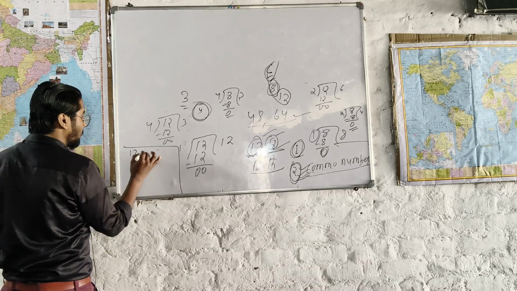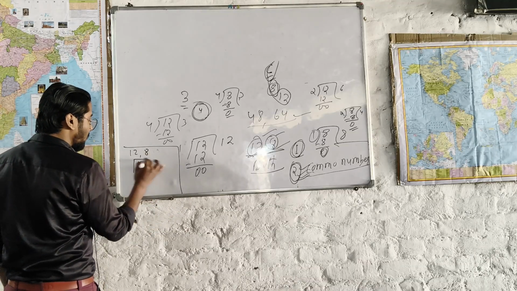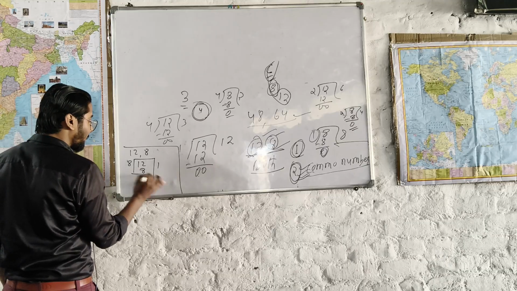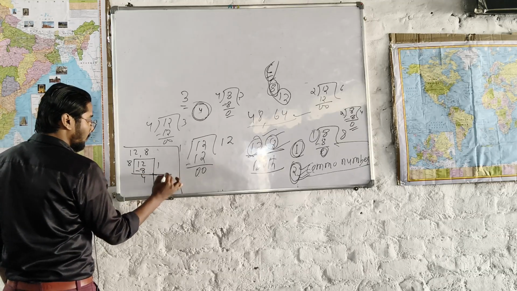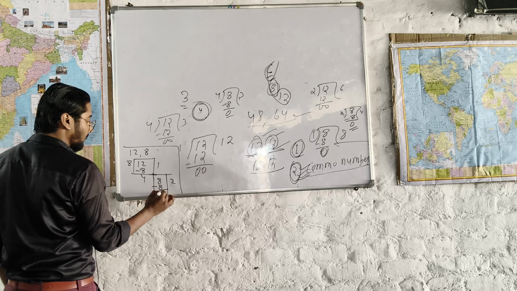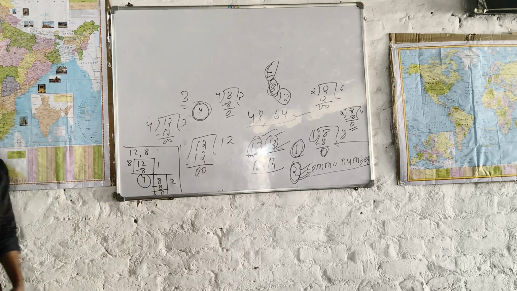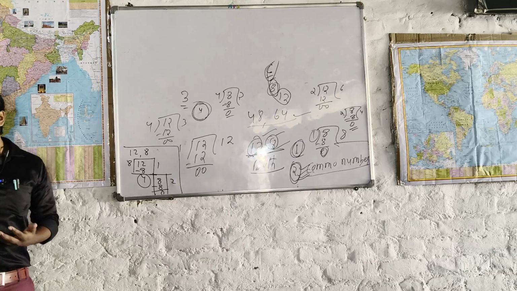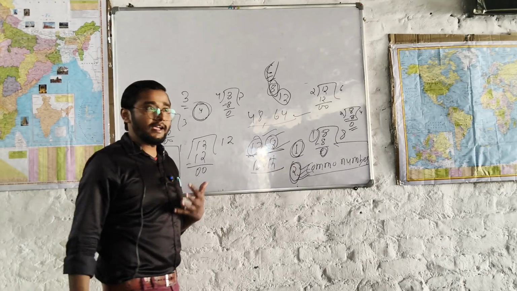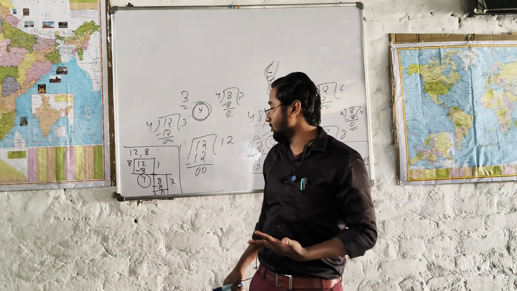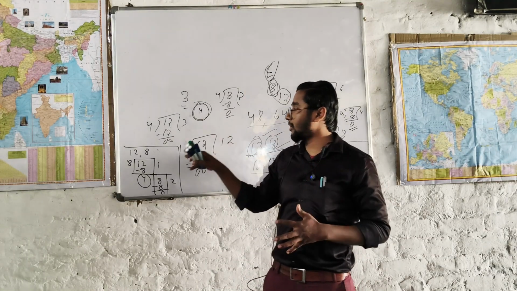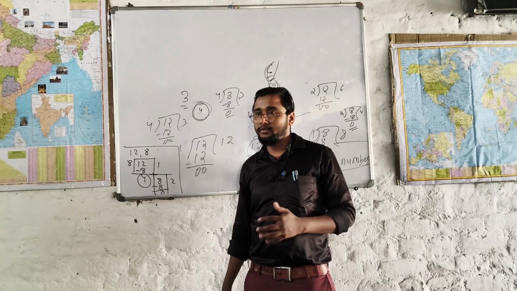So we have 12 and 8, right? 8 ones are 8, 12 minus 8, you will get 4. 4 twos are 8. So what is the 4 here, guys? HCF. Getting the point? Or we can say 4 is the greatest number that will divide 12 and 8 together, right?